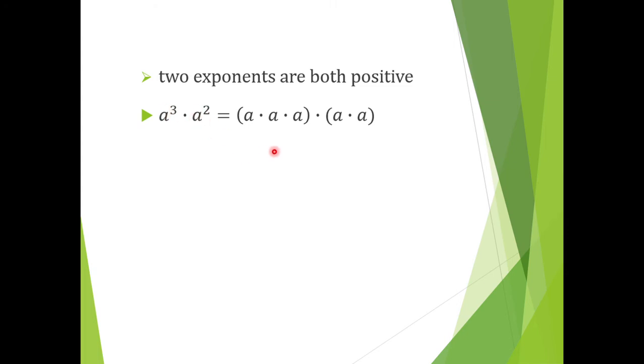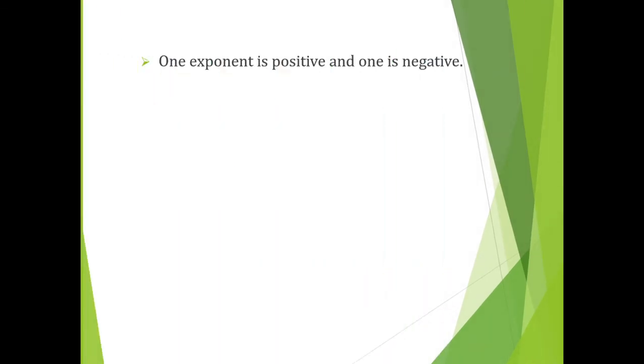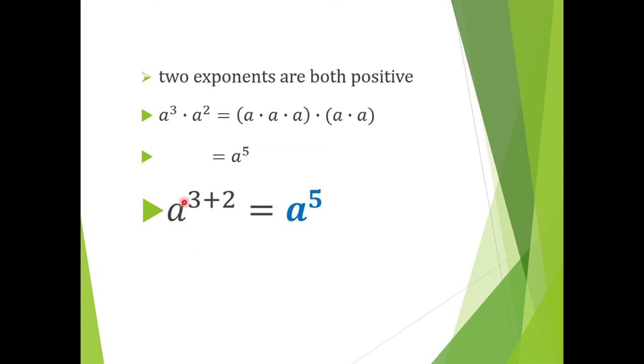Actually, pwede mo naman siyang i-add yung exponent, mas madali yun. Pero kailangan, you have to look for the base. A to the fifth yan. Kailangan magkamukha yung base, kasi pag hindi magkamukha ang base, hindi pwede.